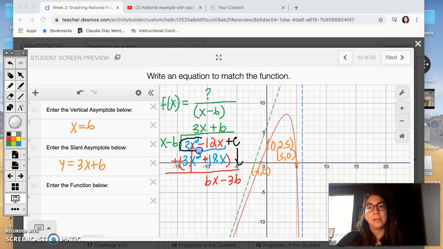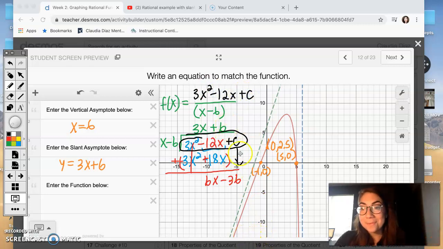So here's our numerator. It's going to be, let me erase that question mark, 3x squared minus 12x plus c. And then remember, now we got to think, well, how are we going to find c? Well, to find c, I'm going to use the y-intercept.